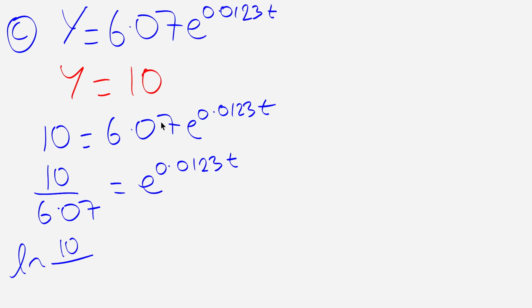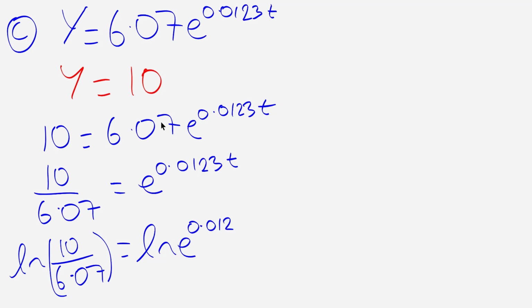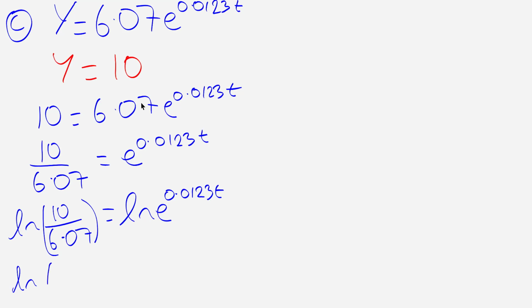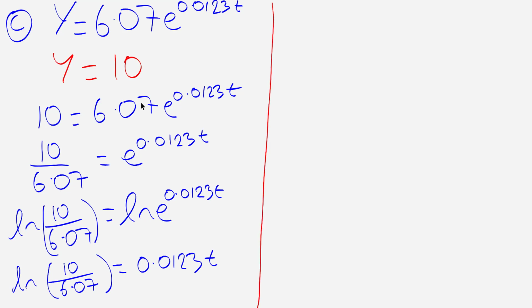So the ln of 10 divided by 6.07 equals the ln of e to the power of 0.0123t. And we know that this right hand side just becomes 0.0123t.